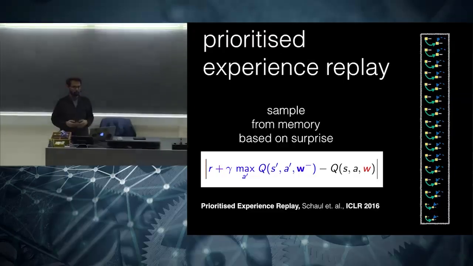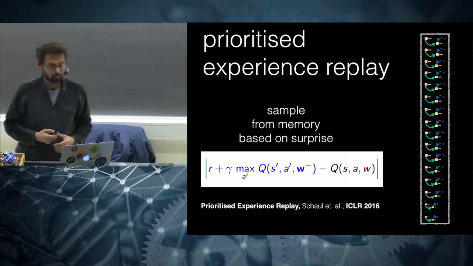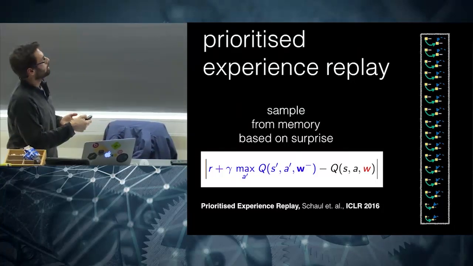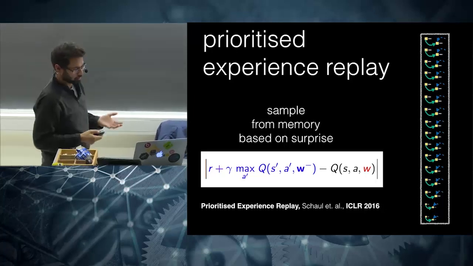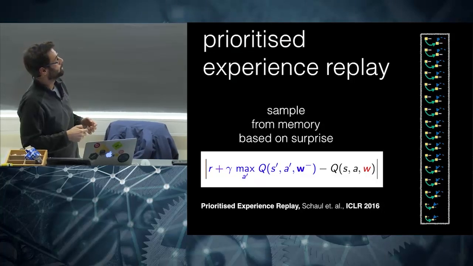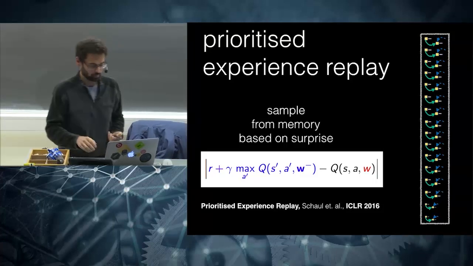If you sample it again, it's no use. So maybe focus the attention towards samples that you make more error on. So that's what this essentially does, prioritized experience replay, where you sample experience based on the error that that sample brings to the learning.